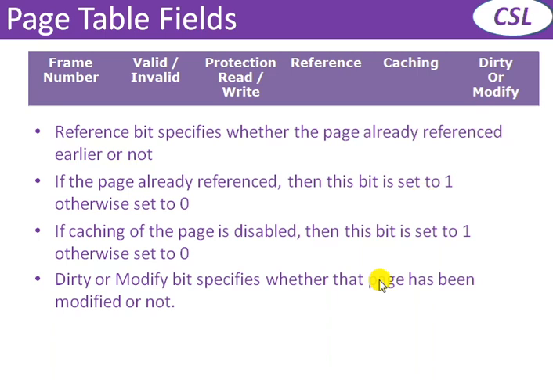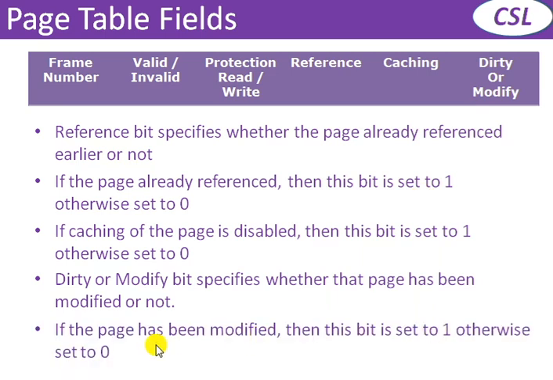That means if the page has been modified, that means a page fault already occurred. So we modify the paging information, meaning it is modified, then the bit is set to 1. Otherwise it is set to 0.